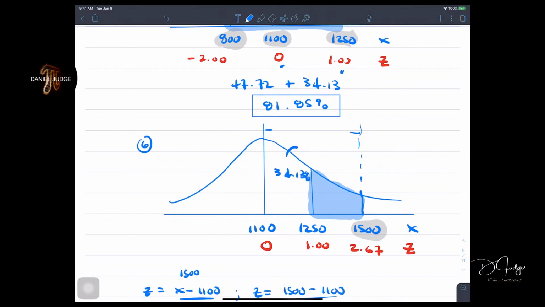That's missing. If you want to write it here, you can. But what you need to also know is what percent of the bell is between 0 and 2.67 that we just found down there. That's what's going to comprise that area, the percent of the bell.